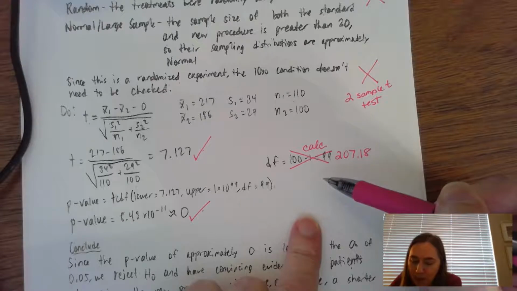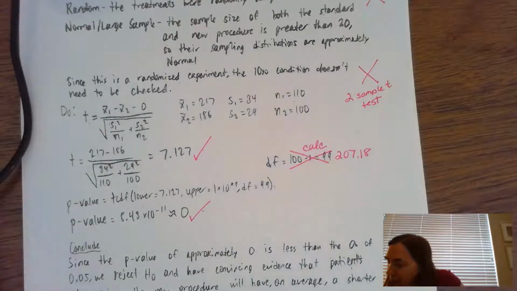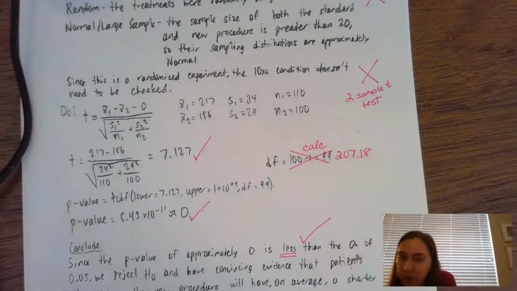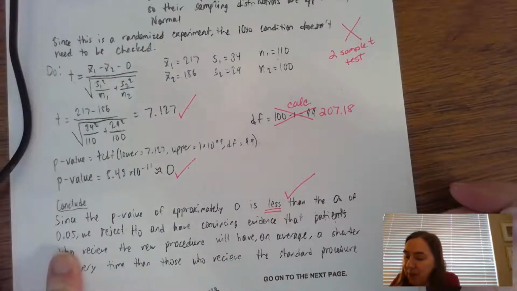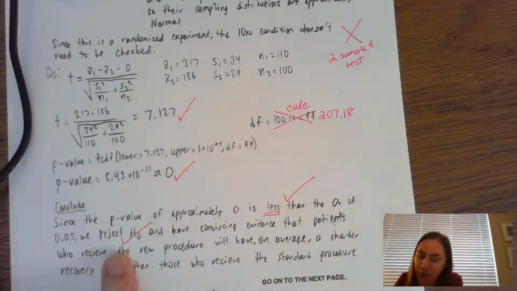Now we're going to move to the conclusion. First of all, I need to compare my p-value of 0 to the alpha level of 0.05. This person says it's less than, so I'm looking for that linkage. Then the conclusion you draw: I'm going to reject the H0. Check.